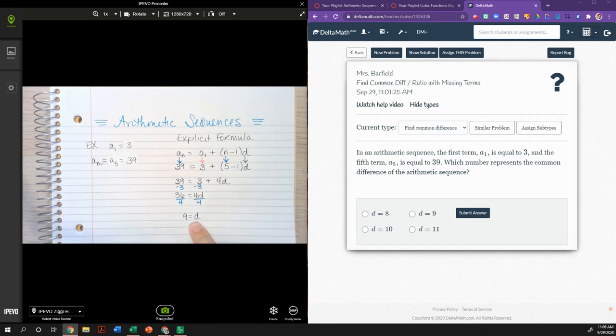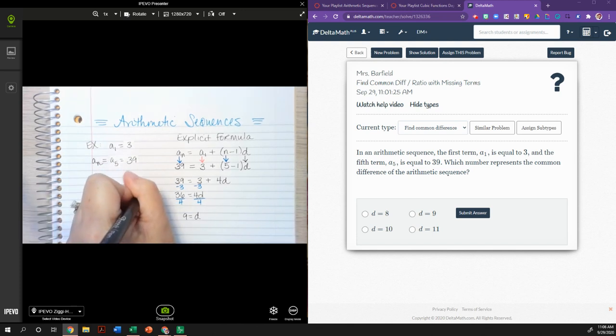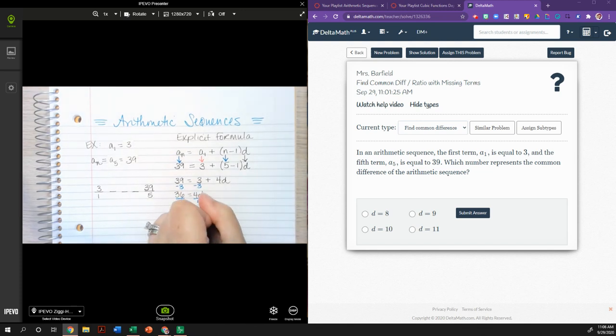Now, what if I'm looking at this and saying, okay, I know d equals 9, how do I know it's correct? Well, I know that the first term in the sequence is 3. We have the second term, third term, fourth term, and the fifth term in the sequence is 39. And I now know that my common difference is 9.